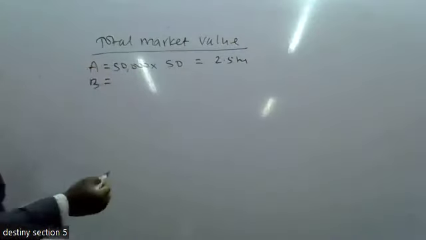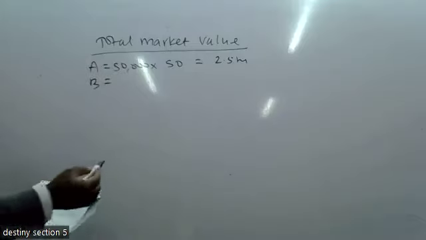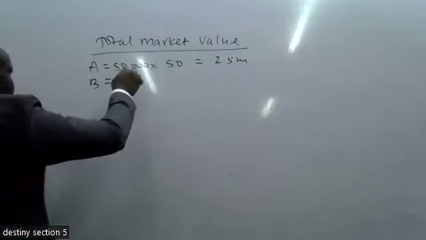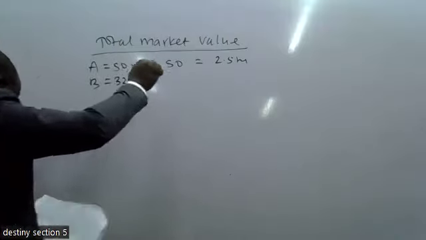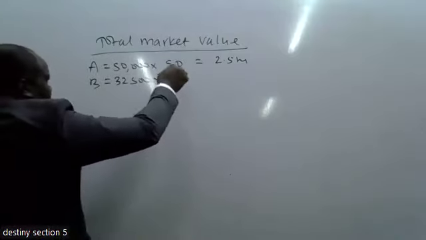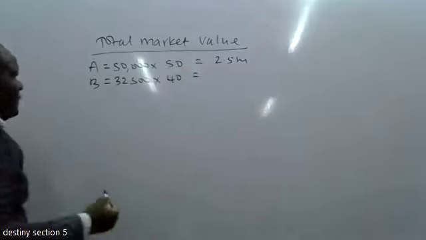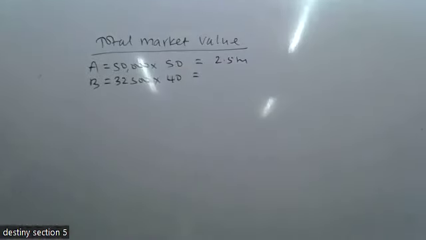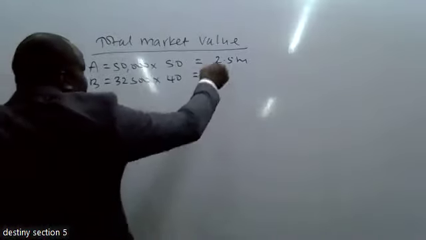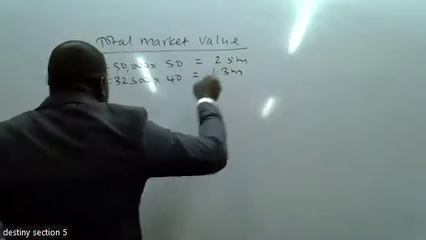We also do the same for B. For B, it is 32,500, also multiplied by 40. So this should give us which figure? 1.3 million.